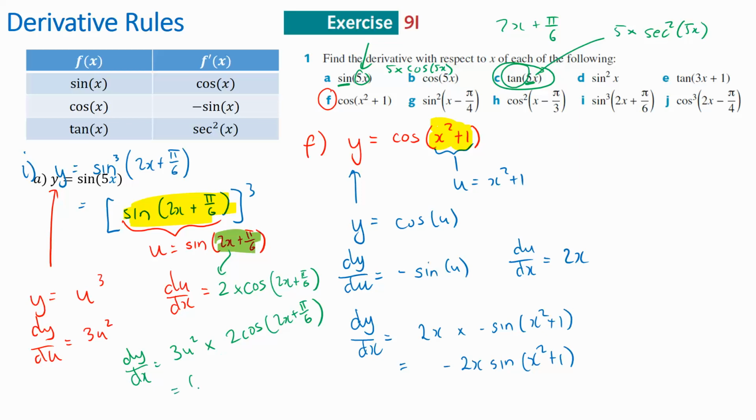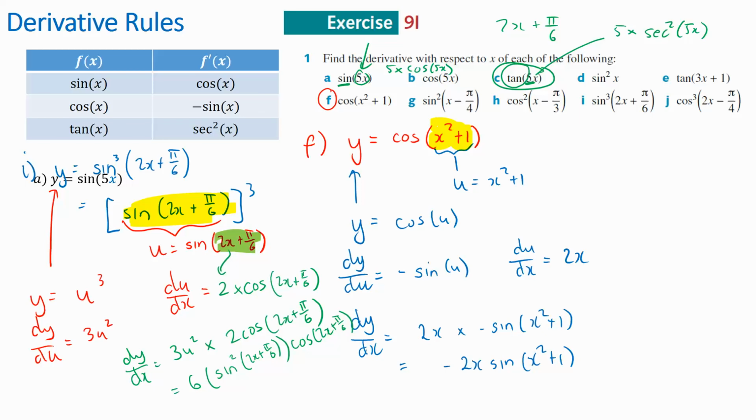You got 3 times 2, which is 6. U, which was sine squared of 2x plus pi/6, and then times that with cos of 2x plus pi/6. There we go. Looks terrible, but that's the expectation that you're going to go through.